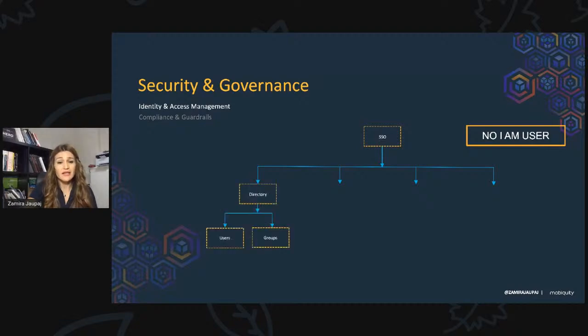But not only that, there are users and groups that you can set up in a master account, where there is a single sign-on. Remember that without this, you have to set up a single user for each account. Let's say we have thousands of accounts, thousands of users.